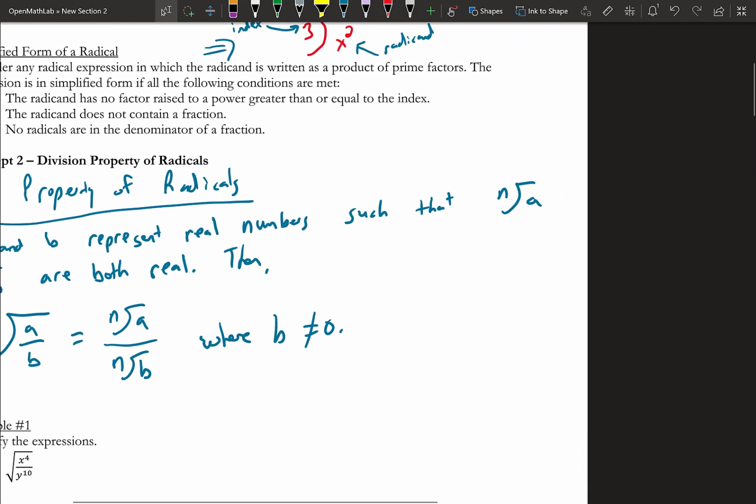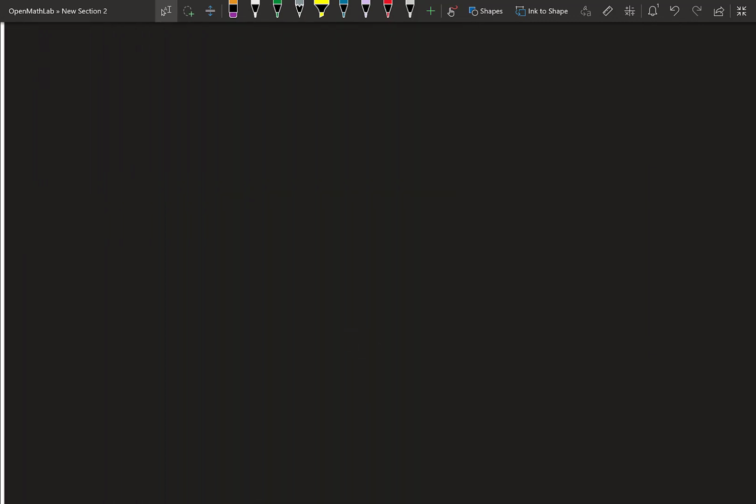And I'll come off to the side and show you a couple of things. If I have the nth root of A divided by B, I can show that this is equal to what I just wrote, using the idea of a rational exponent. This would be the same as A over B raised to the 1 divided by n power, because we use 1 divided by the index of the whole radicand.